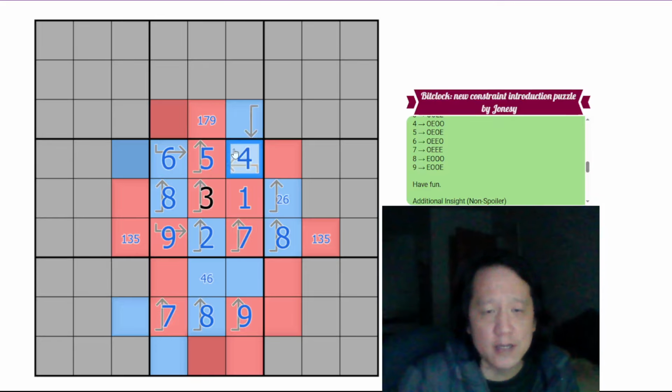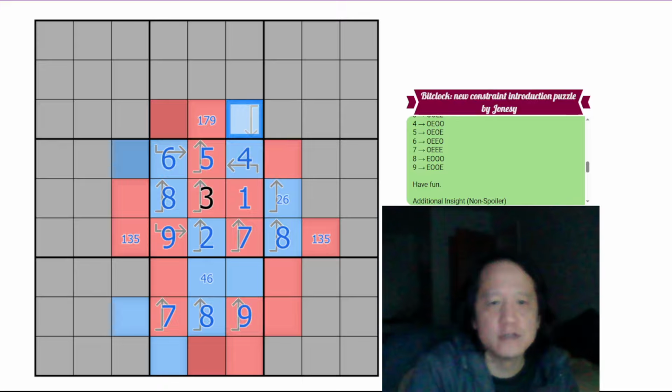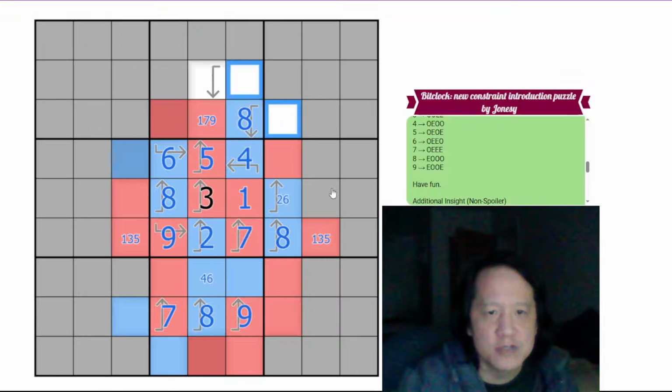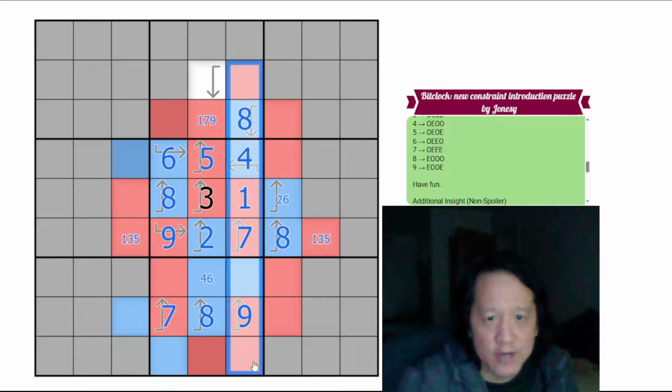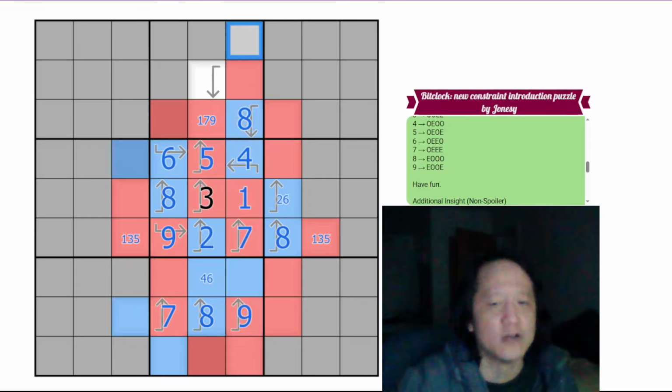This has the 8-bit on, and cannot be 9, so this must be 8, which leaves these as odd, because it's even, odd, odd, odd. We have 5 odds in column 6, which eliminates odds in the rest of the column.